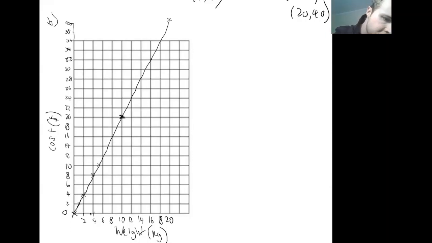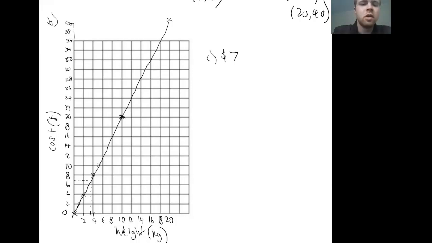And we're going to go up from the x-axis, and then go across to see where it meets the y-axis. Whatever value we get when we go across from the line, it's going to be our answer. You can see here it's straight in between 6 and 8. So the answer is going to be $7.